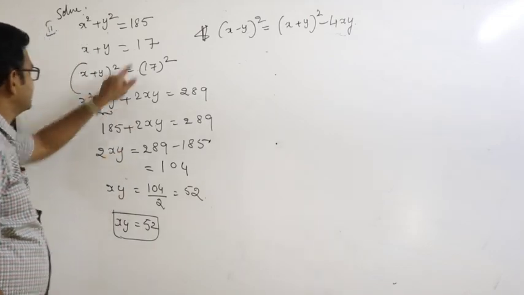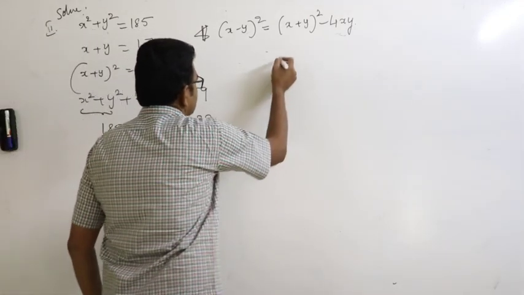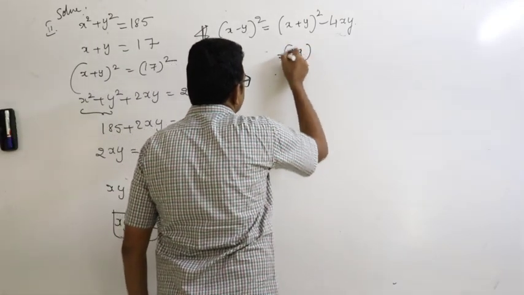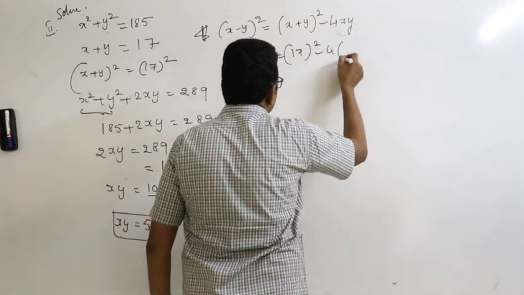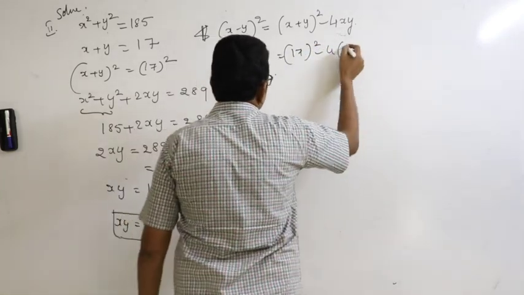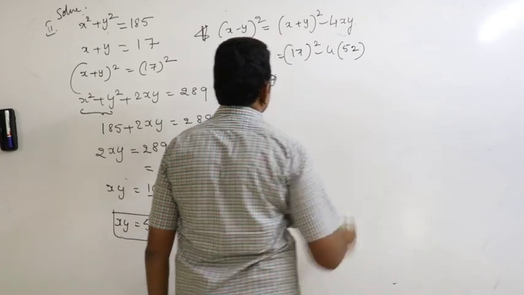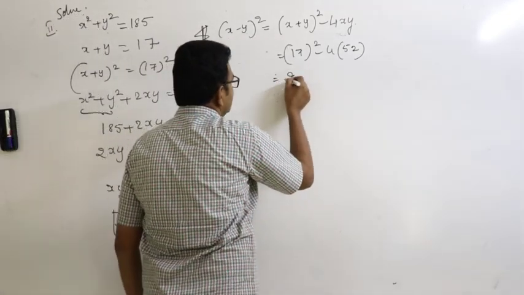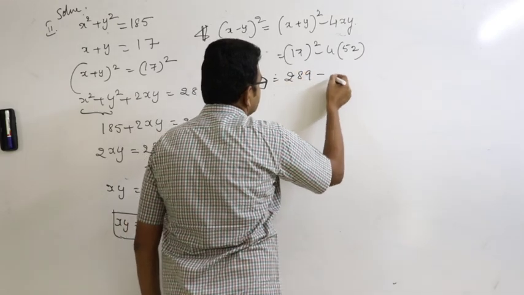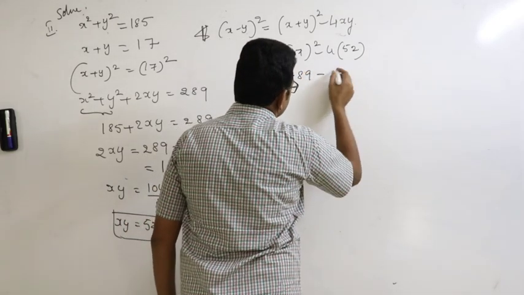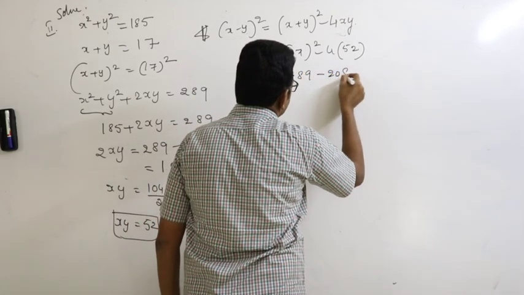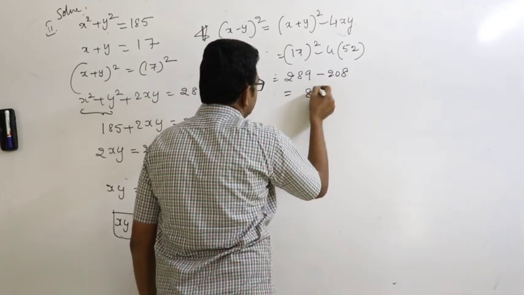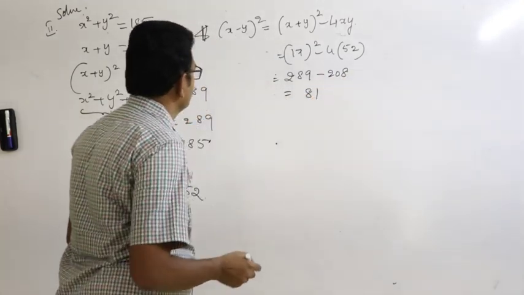So x plus y is 17, whole square, minus 4 into xy, and xy is 52. Therefore this is 289 minus 208, that is equal to 81.